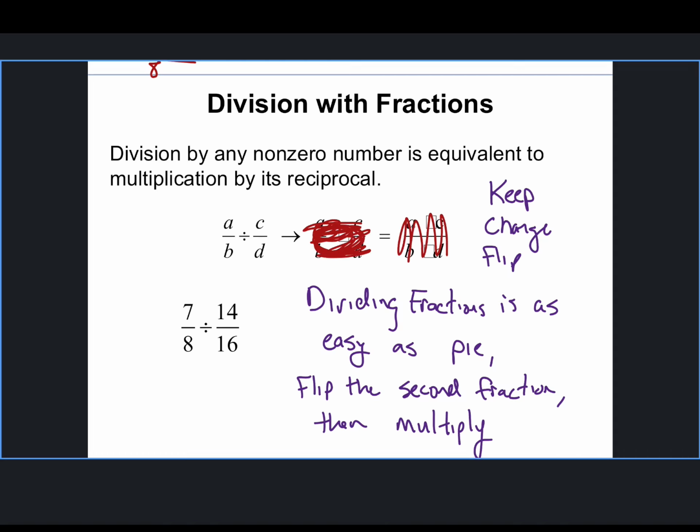It's going to be a over b times d over c, which is a times d over b times c. I'll fix that in the notes for the future.